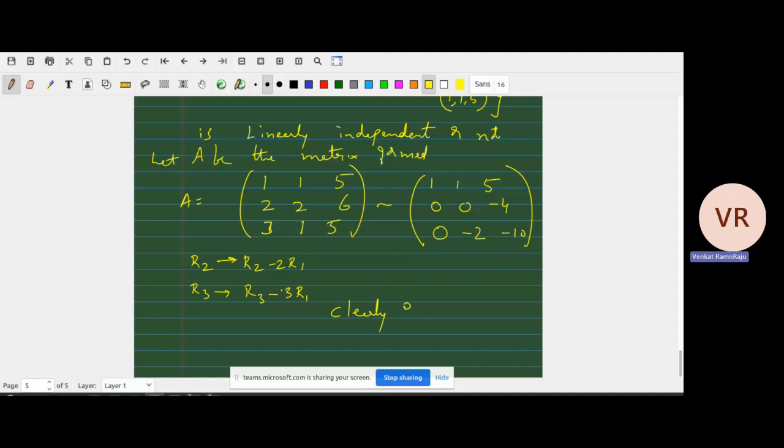So clearly rank of A is 3 and determinant of A is non-zero. It's actually minus 8. And therefore, you are unable to find a relation between any two vectors. So by the reworded definition of linearly dependent, none of these vectors are linearly dependent on the preceding ones. Therefore, they are all linearly independent, and therefore this is true. It is indeed linearly independent, right?